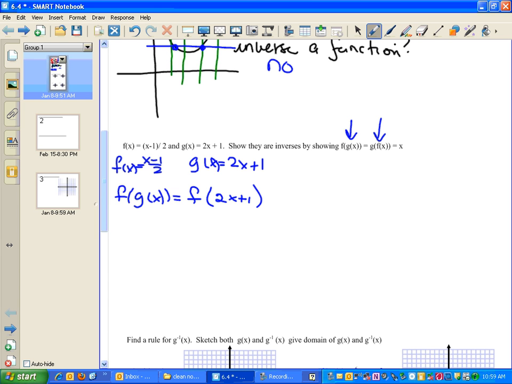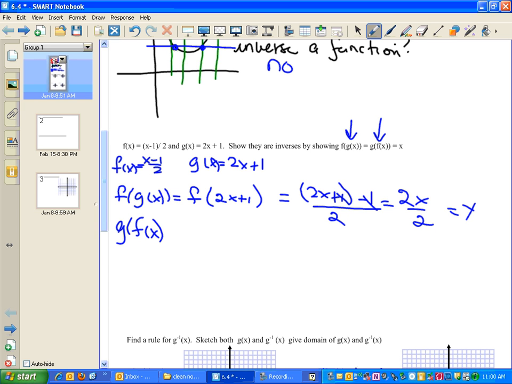And so my f function says instead of an x minus 1, I'm going to put 2x plus 1 and then minus 1 over 2. Well, that's 2x over 2, because your 1's will drop out, correct? Which becomes just x. And if I do g at f of x, then in for my g function, I'm going to put x minus 1 over 2, which then is going to be twice what? x minus 1 over 2, and then plus 1.